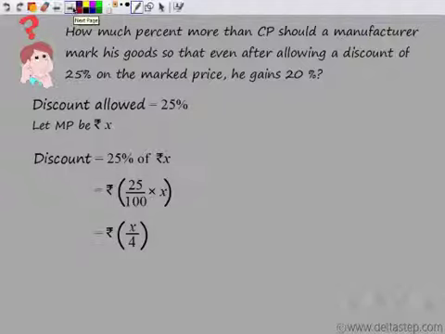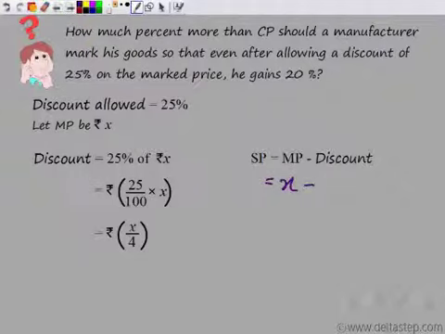Now when you know the discount, you know the marked price also. With marked price and discount, I can find the selling price. So selling price is nothing but marked price minus discount. Now marked price in my case is X and discount is X by 4.